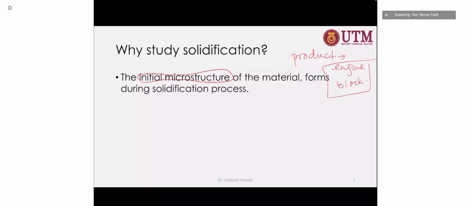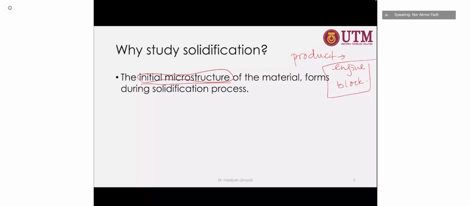The highest energy usage of the process is during casting, the melting. You need to melt the steel with a specific composition, or the cast iron or whatever the material is, and then pour it through the casting process into the molds, and you will get this initial microstructure.